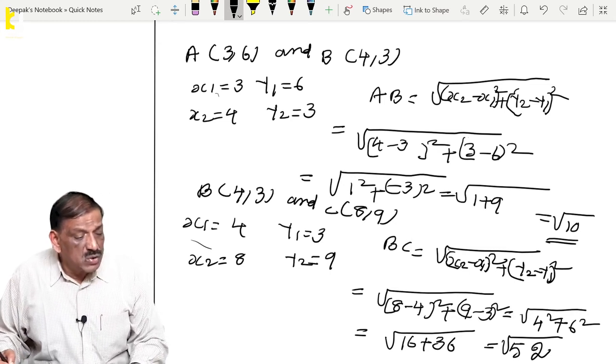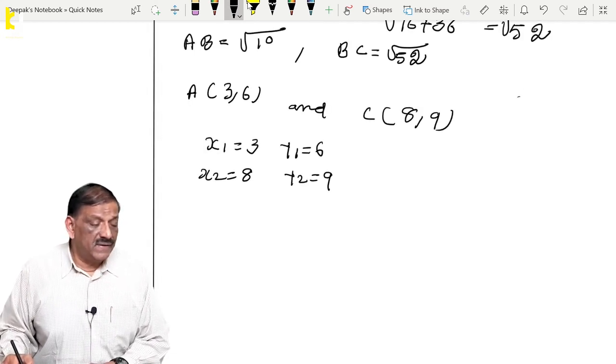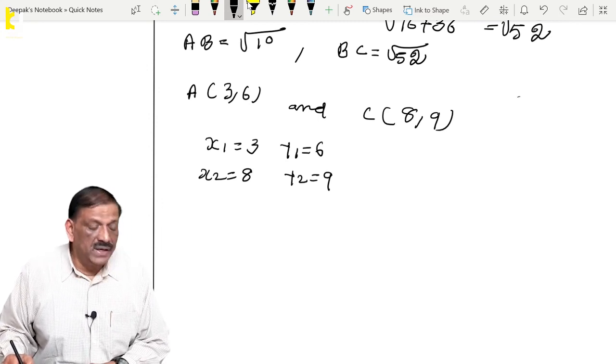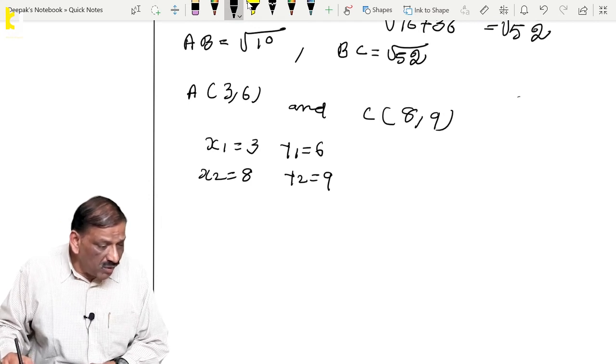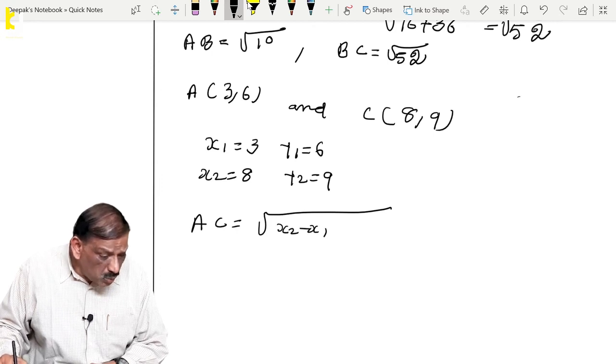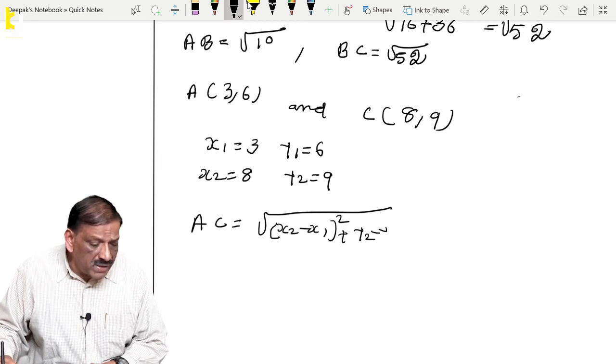Then we can also find out the length of AC. That is A (3, 6) and C (8, 9). We must find out the length of AC. So x1 equals 3, y1 equals 6, x2 equals 8, y2 equals 9. Therefore, AC equals root of (x2 minus x1) whole square plus (y2 minus y1) whole square.